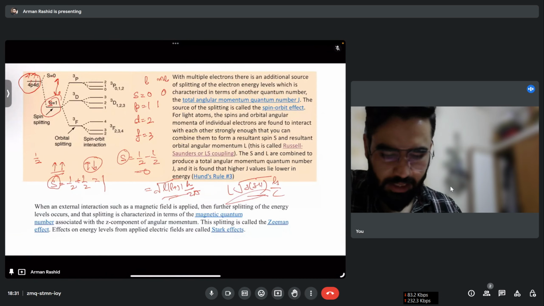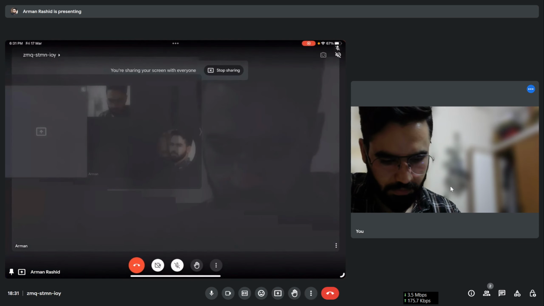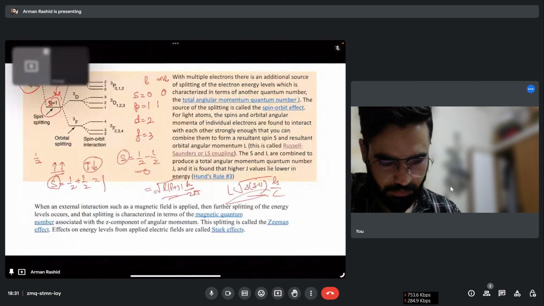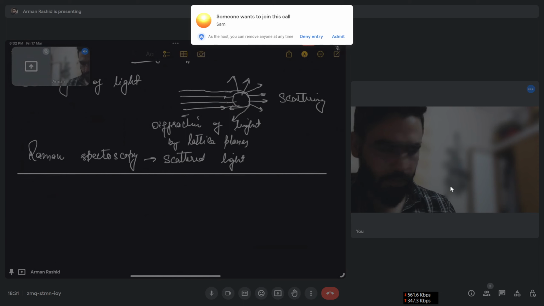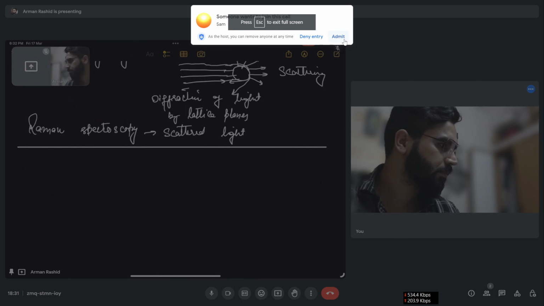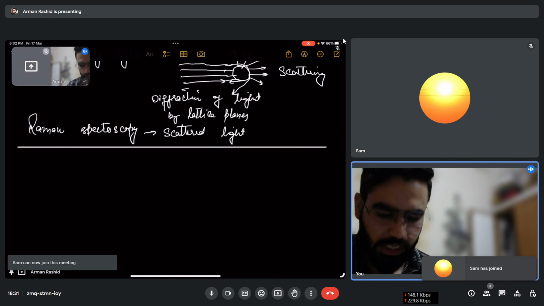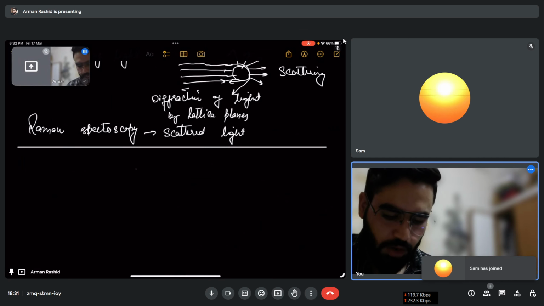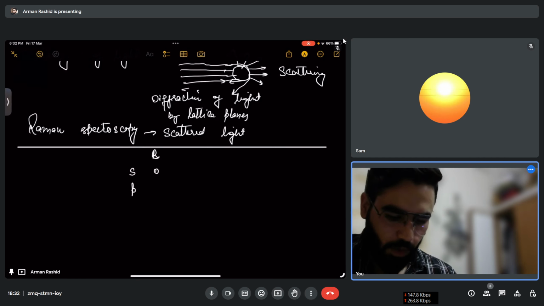It will be better to show here. If we consider orbitals, as I have shown, for an s orbital the orbital angular momentum L is 0, for a p orbital it is 1, for D it is 2, for F it is 3.